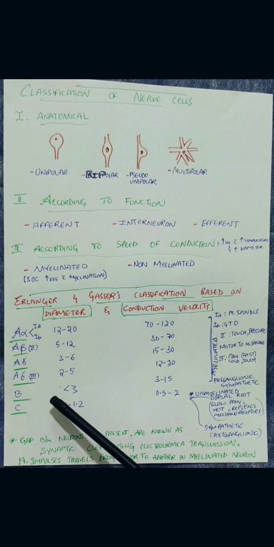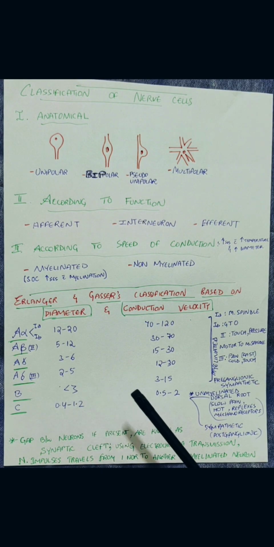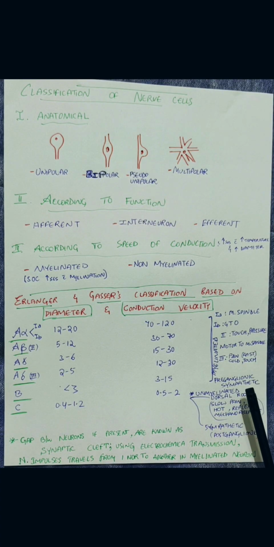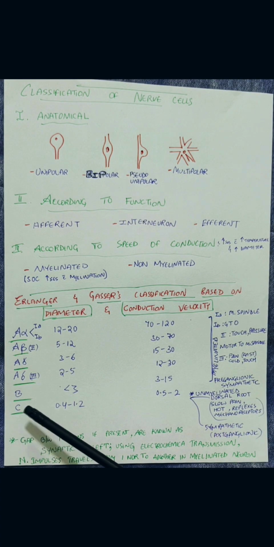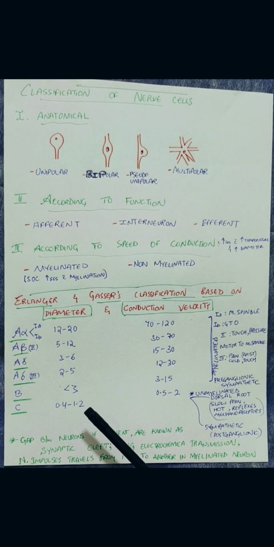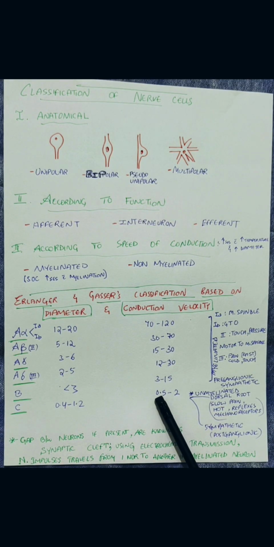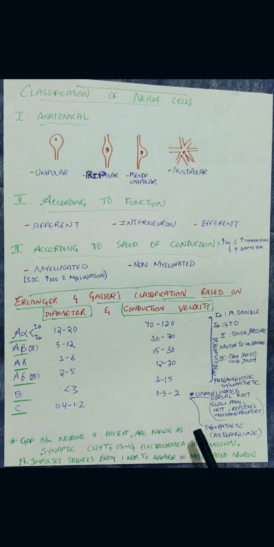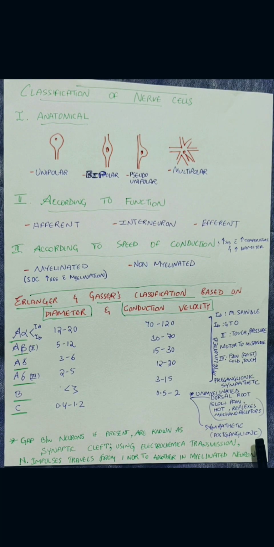There is the B nerve fiber, that is less than 3 in diameter, 3 to 15 conduction velocity, and is the preganglionic sympathetic fibers. There is C, that has 0.4 to 1.2 in diameter, having conduction velocity of 0.5 to 2, and these are unmyelinated, covering the dorsal root, reacting for the slow pain, hot sensations, reflexes, mechanoreceptors, and also the sympathetic ones at the postganglion.